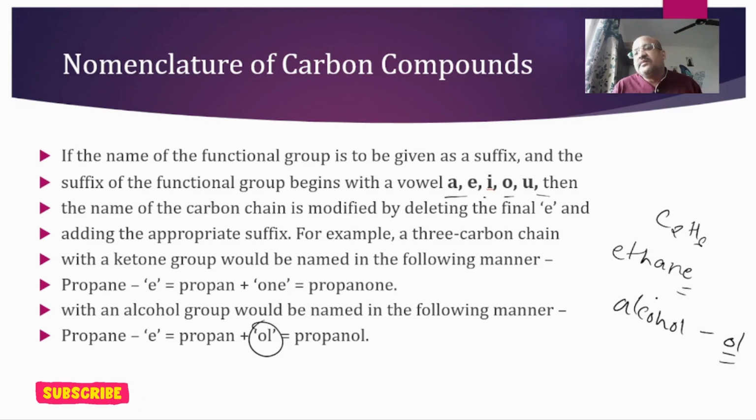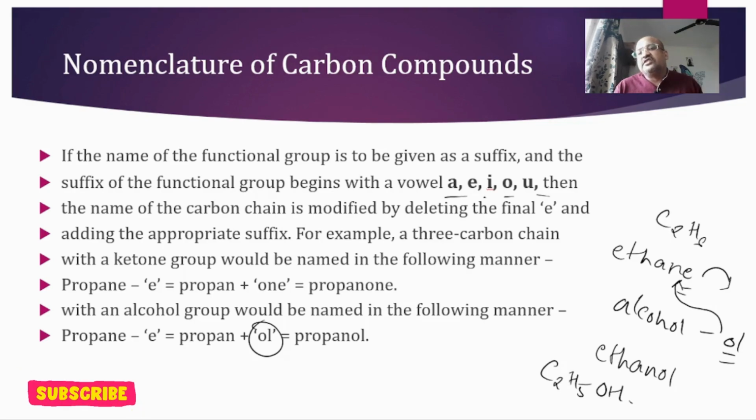What we'll do in this case is replace this E with OL, and this will become ethanol, that is C2H5OH. So this is my ethanol. Done. Now let's see ketone.